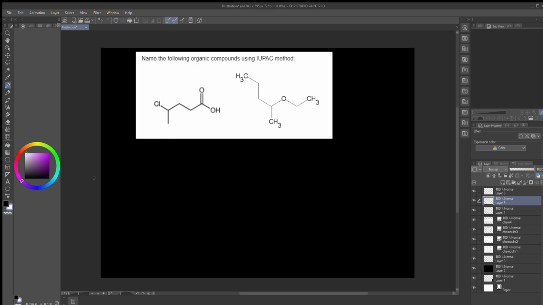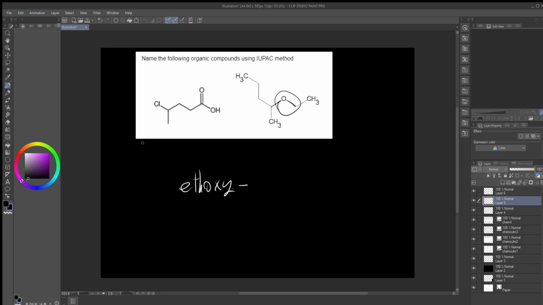And next we will be going over the one next to it. So this is an ether bond. You could see it's single bonded to oxygen, which is single bonded to another carbon. And so for ethers, since we could see that there's only 2 carbons here, we will start off with F-oxy, and then a dash.